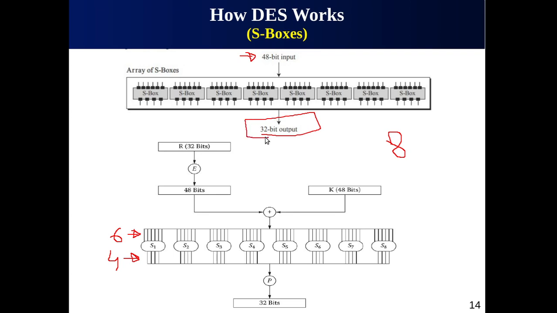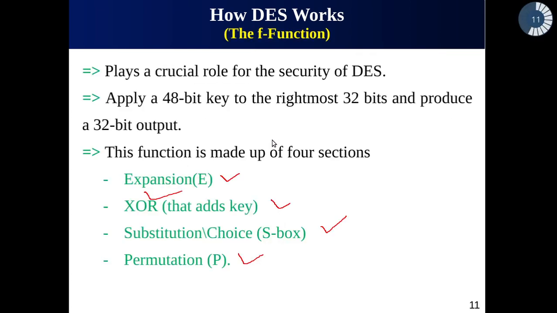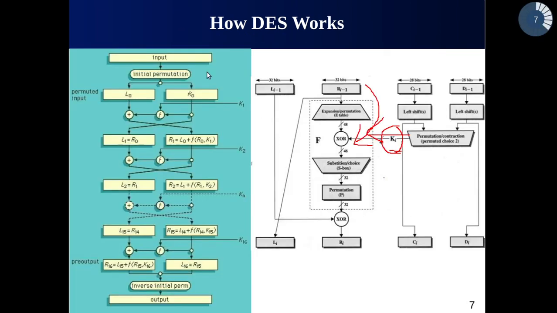Why are we converting 48 into 32? The story begins here. Initially, we have 32 bits, but the problem was that the key was 48 bits. So we expand the 32 bits to 48 bits, and then we exclusive OR with the key, which gives 48 bits. Then we pass the 48 bits through the S boxes and again get 32 bits.